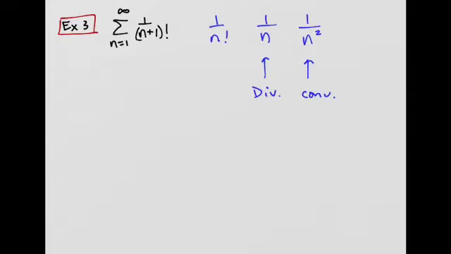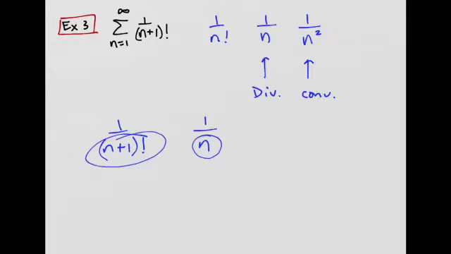Let's see. I don't know which one I want, divergent or convergent. I have no idea, so I'm just going to start with this. 1 over n plus 1 factorial, and I'm comparing it to 1 over n. Well, I know, first of all, factorial grows very, very quickly, and n grows linearly, so this is definitely smaller than that.